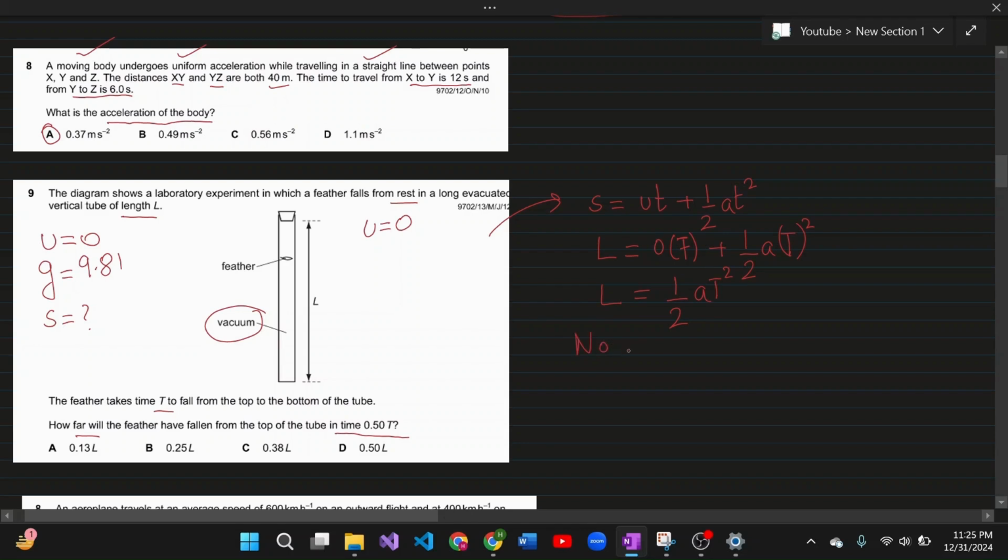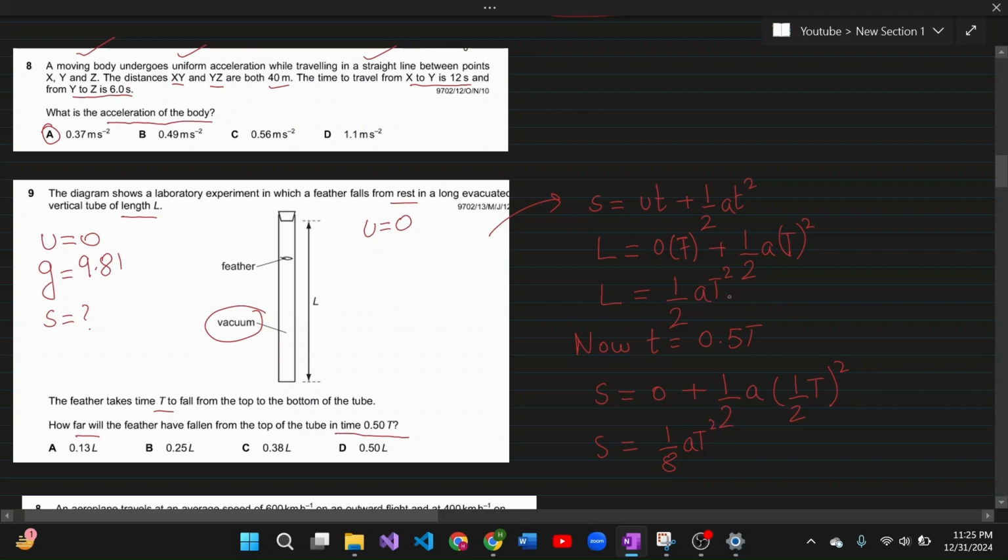Now your time is half of T, so we need to find the s now. That would be u is again 0, we do not need to find that. So 1 upon 2 of a T square, that is 1 upon 8 a T square.